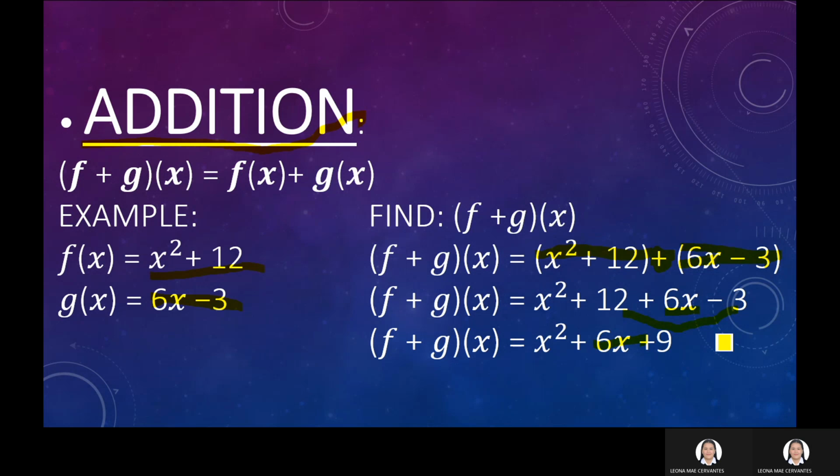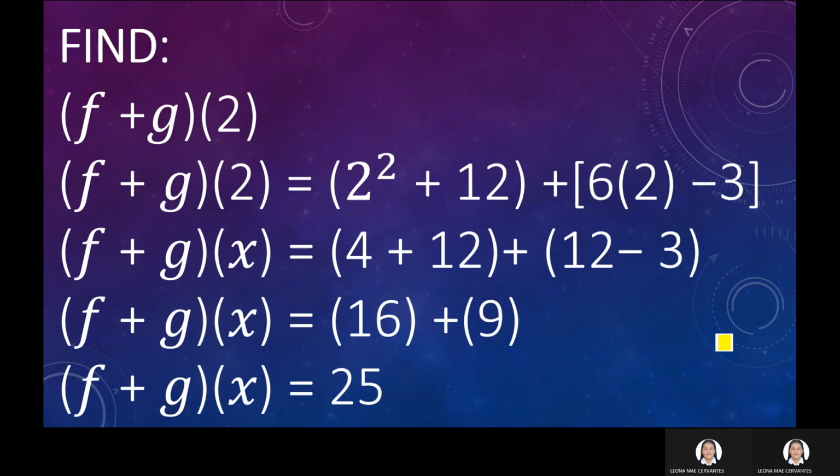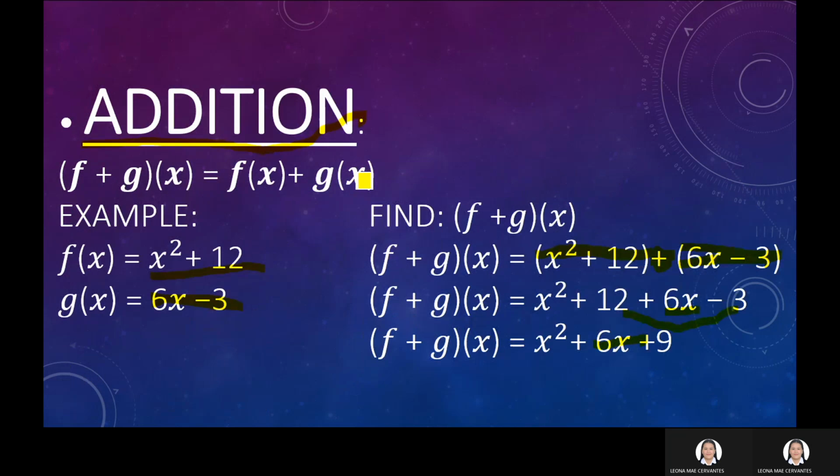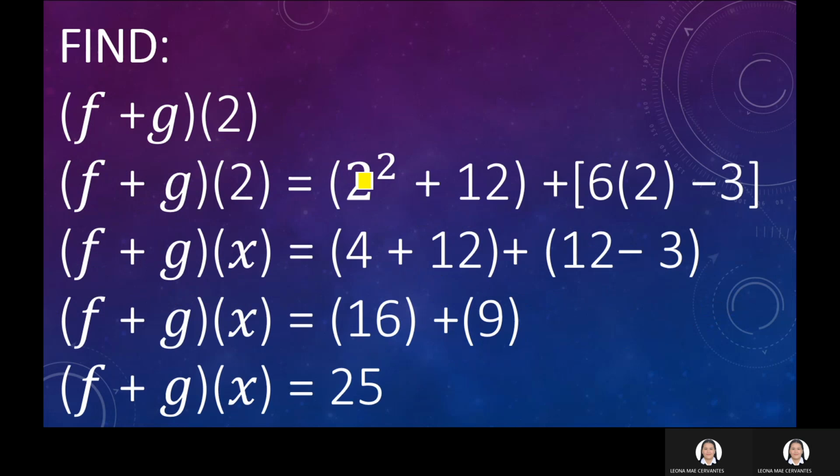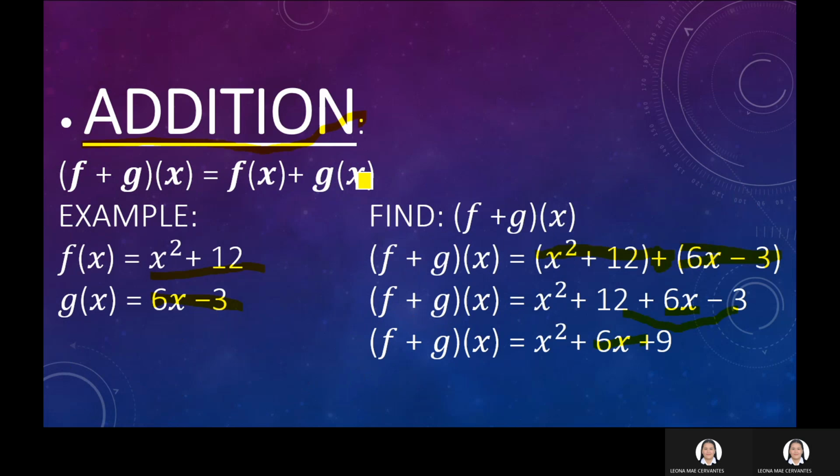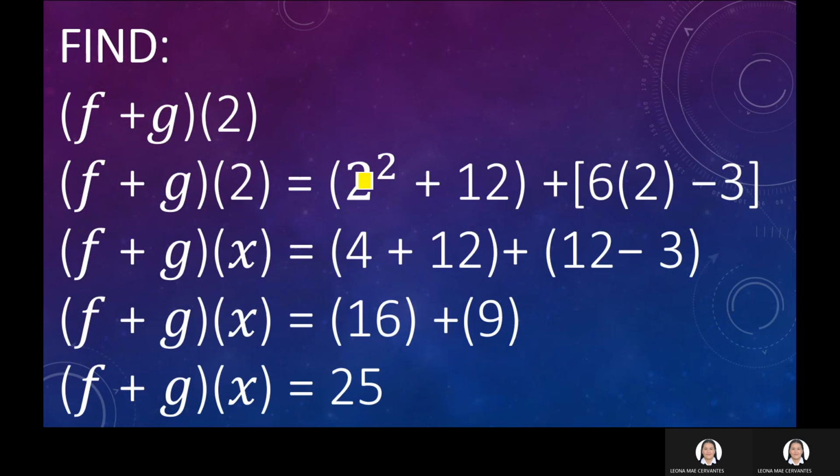Now, let's have another example. Okay, so if x is equal to 2, again, the value of f of x is x squared plus 12. G of x is equal to 6x minus 3.